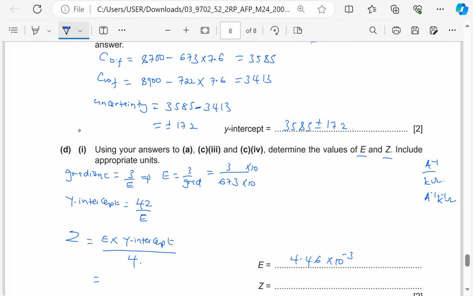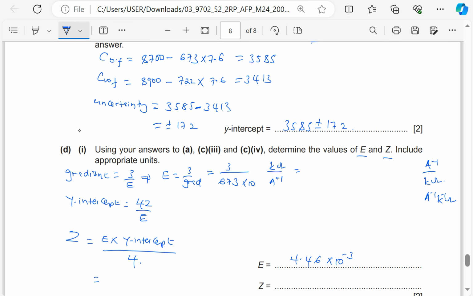So times 10 to the power of 3. When I get the reciprocal, this is the same as kilo ohms divided by per ampere. And the kilo is power 3. Because the gradient is at the denominator, it is kilo ohms per ampere. And note that kilo is power 3.